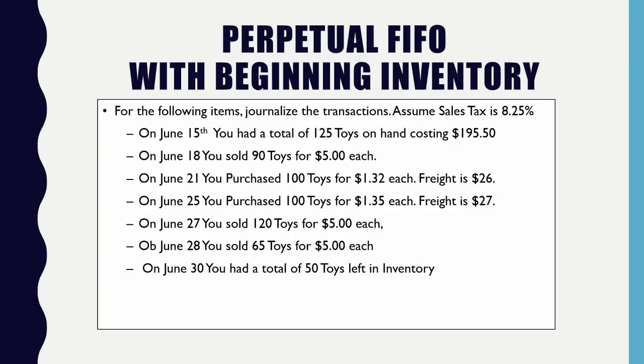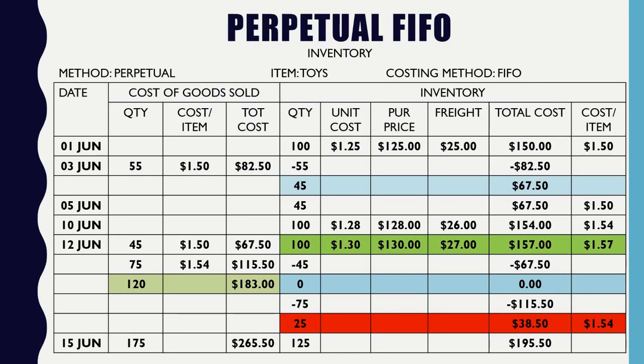So then what happens when you have beginning inventory? Okay, well, in this case, in order to do beginning inventory, it says right here that on June 15, you had a total of 125 toys on hand, costing a total of $195.50, which is exactly what we have here, $195.50. Okay.